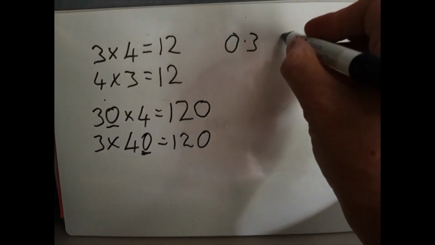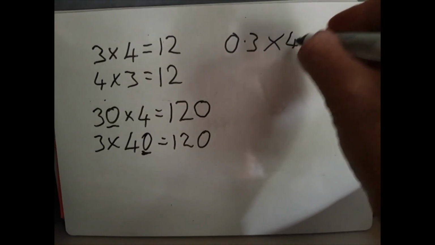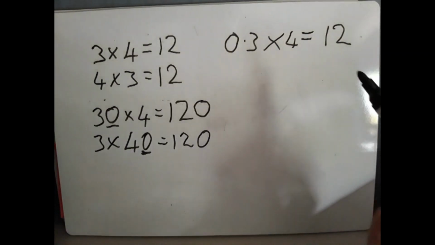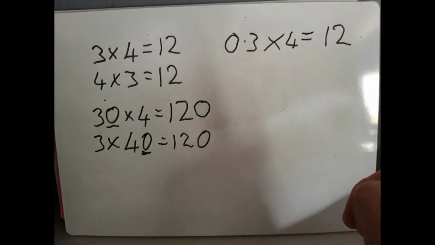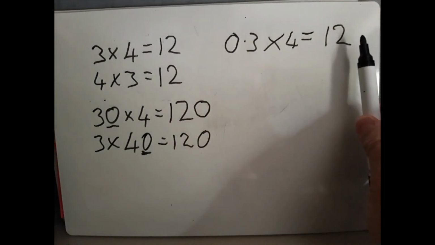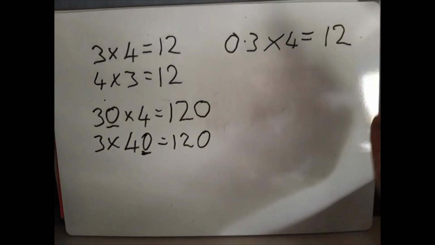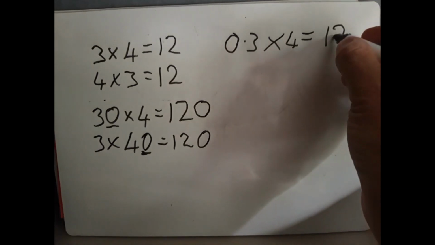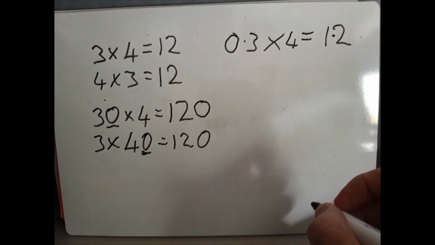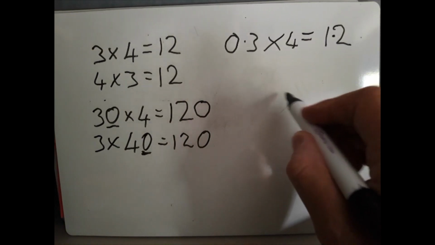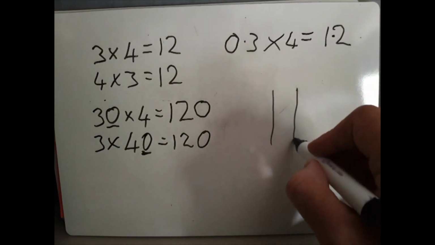And if we multiply that by 4, we will still have that 12, but this time we make it 10 times smaller by moving the digits one column to the right. So it would be 1.2.